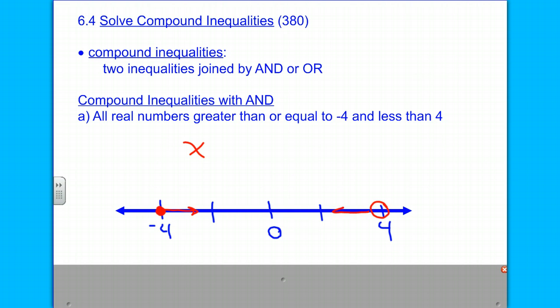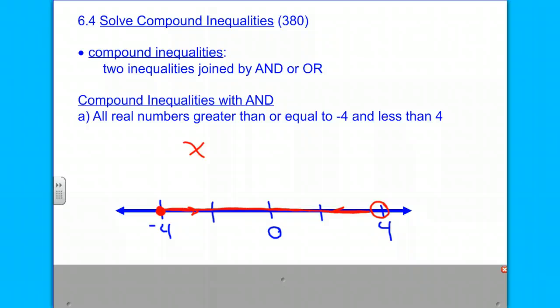To the left, we're going this way. So look at that, we can meet, right? And if you're going to satisfy both being greater than -4 and less than 4, then you have to be something between those two, don't you? You could be -4, but you can't be 4. So how do we write this as an inequality?